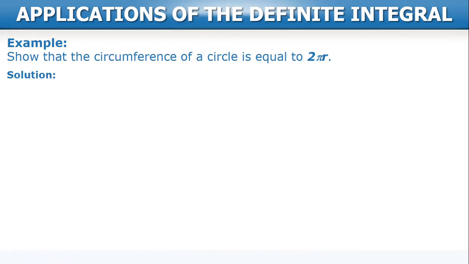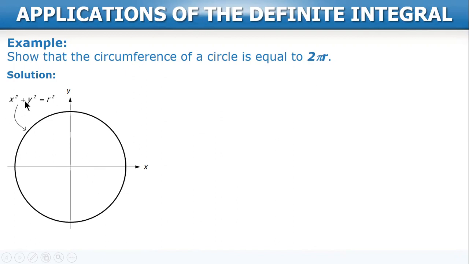Okay, another one. Maybe you're familiar with this. Show that the circumference of a circle is equal to 2 pi r. Okay. 2 pi r. So, I think all students know the circumference of a circle, 2 pi r or pi d. So, let's plot. Okay. Circle.